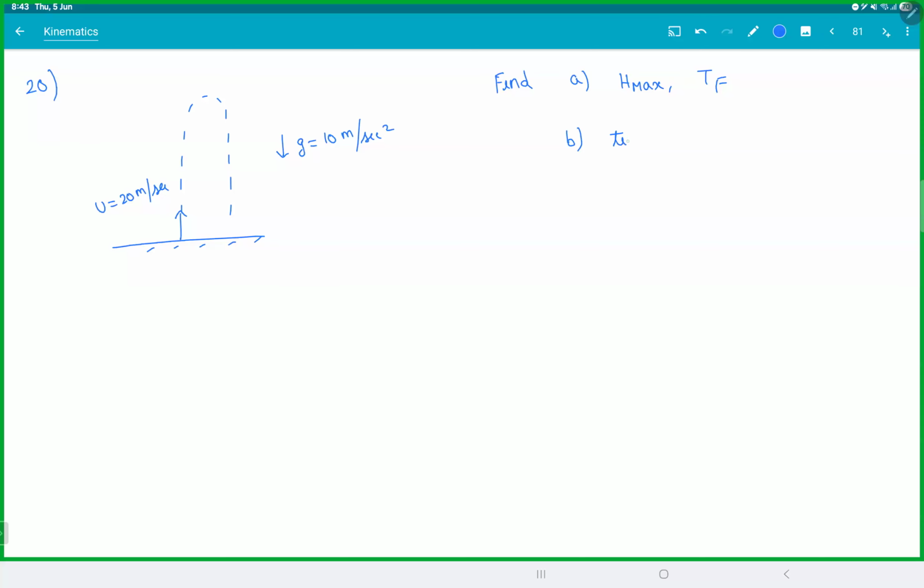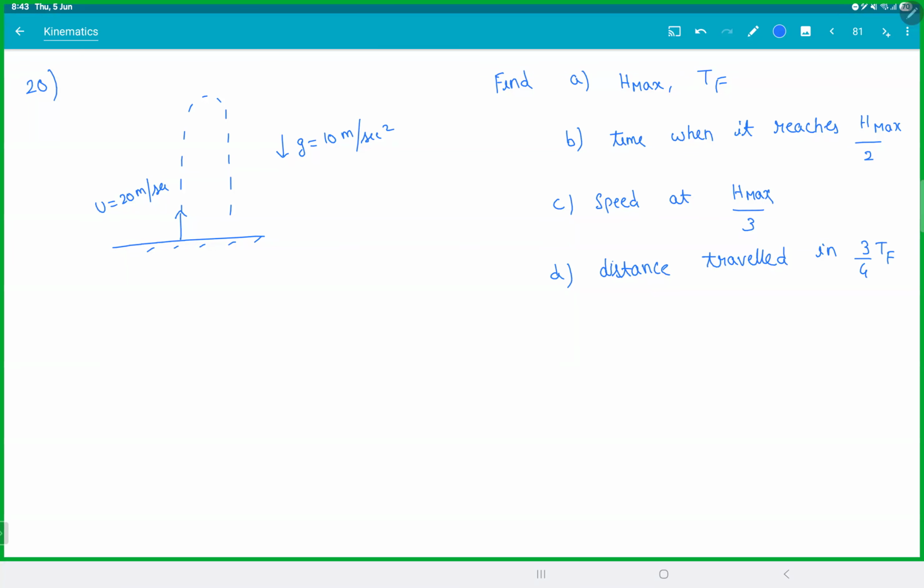Second question: time when it reaches H max by 2. Third, speed at H max by 3. Fourth: distance traveled in 3/4 of time of flight. Let's get them all.